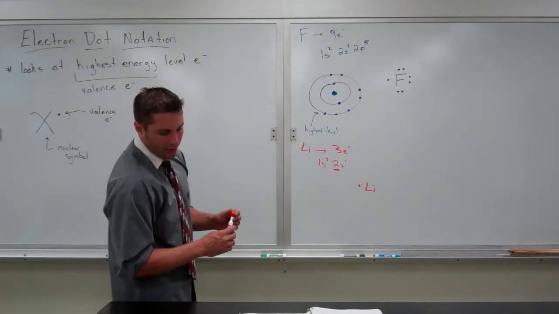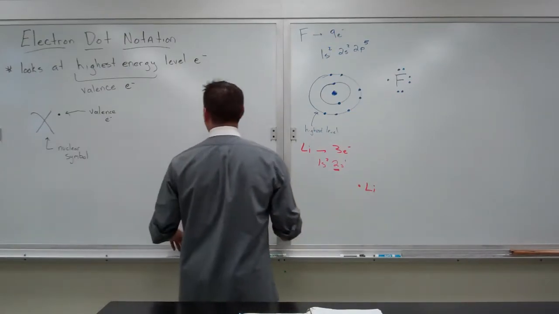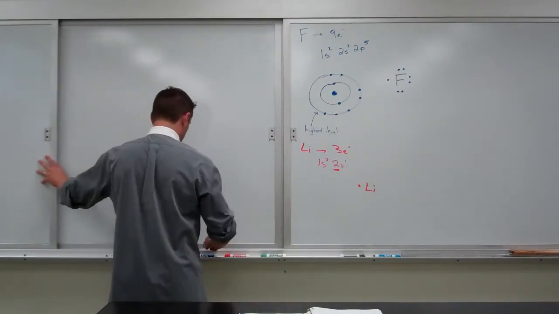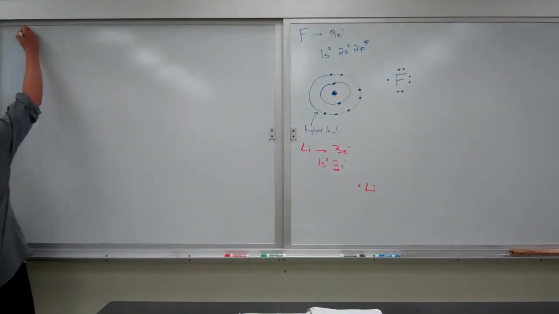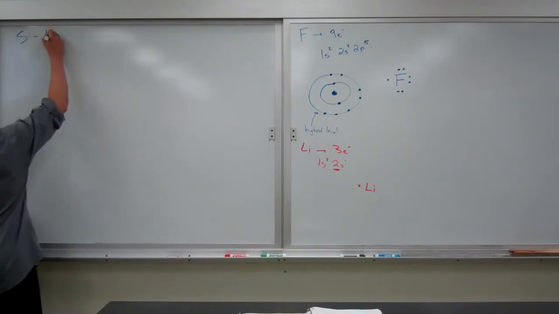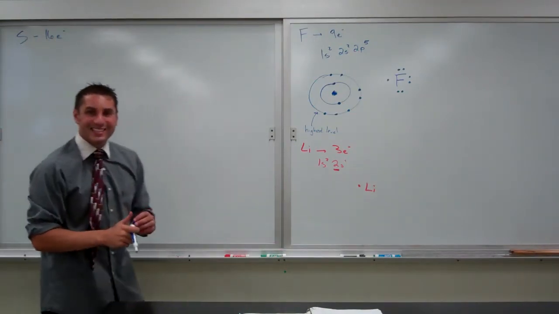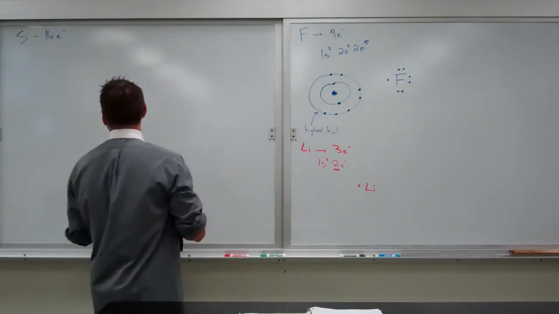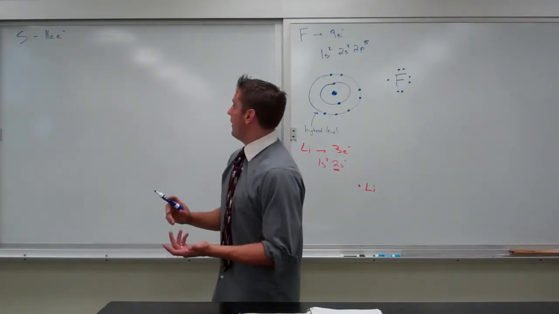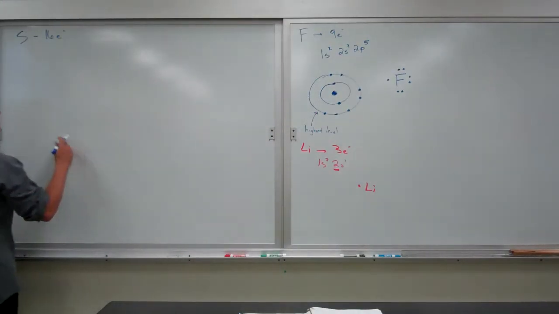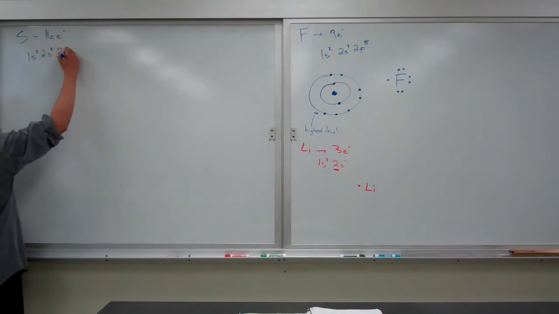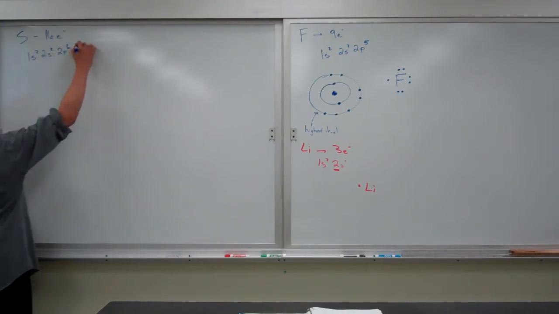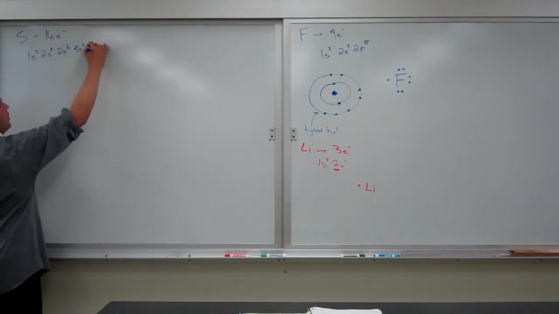If we were to look at a third one, we could do something like sulfur. Sulfur has 16 total electrons, and its configuration would be 1s2, 2s2, 2p6 gets us to 10, 3s2 is 12, 3p4.